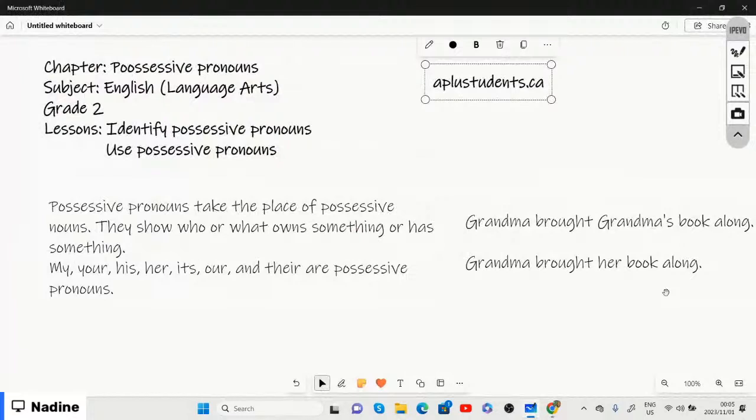Our chapter for today is possessive pronouns. Our subject is English, which is language arts, grade 2. And the lessons that we are focusing on today is to identify possessive pronouns and to use possessive pronouns.